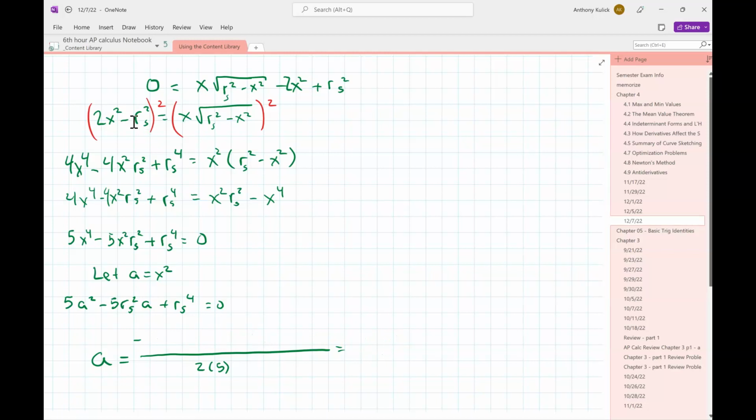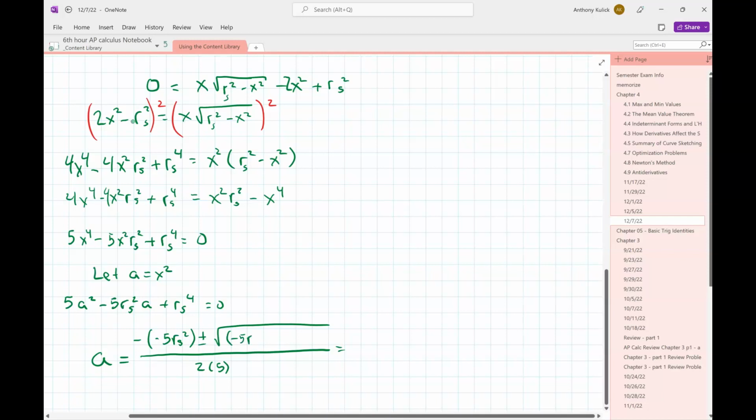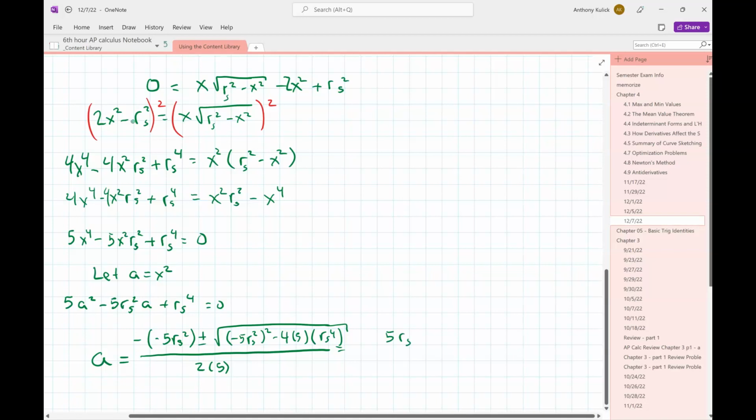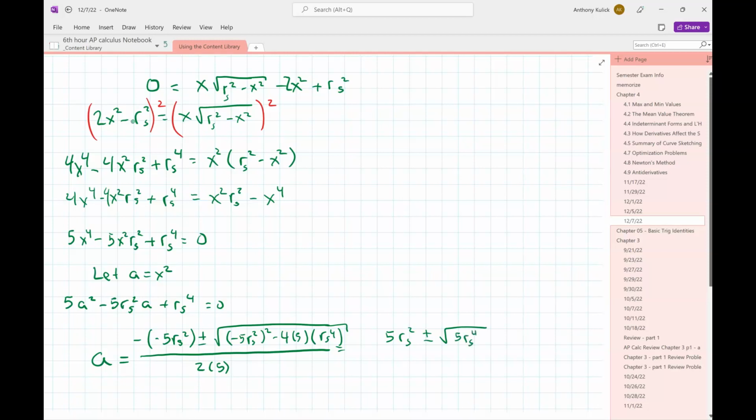I forgot all my r's. It's going to be 5r to the 4th over 10.